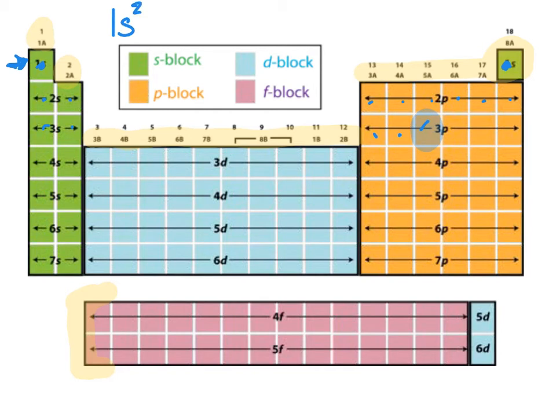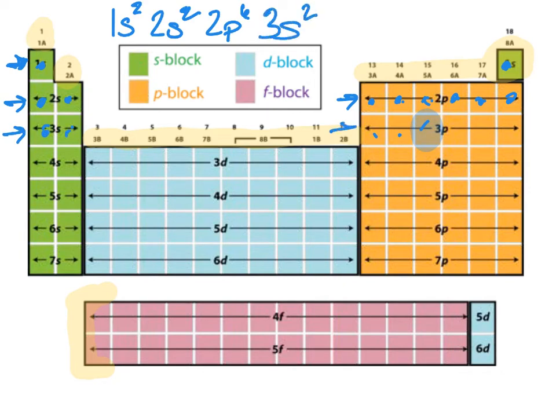It's full. Then the next row is 2s. We've got 2 there. Then we have 2p, and there's 1, 2, 3, 4, 5, 6. Next row down is 3s, and there's 2 of them. Then we come to 3p, and 1, 2, 3 is where we stop. So there's your electron configuration.